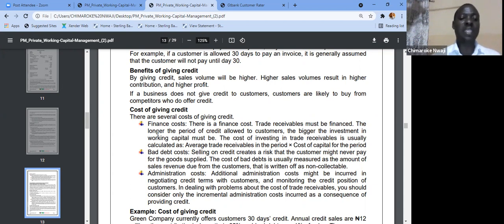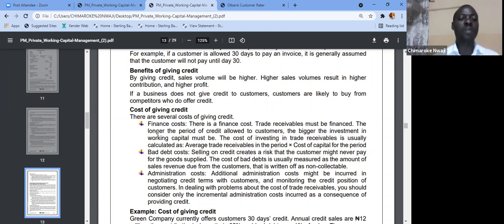We have bad debt costs. When you are giving out goods on credit, you are setting yourself up for bad debt. There are some who will want to owe you and stretch the debt such that they become bad. Sometimes you make provisions for debts that you may not recover, so that you will take care of it in your profit statement.